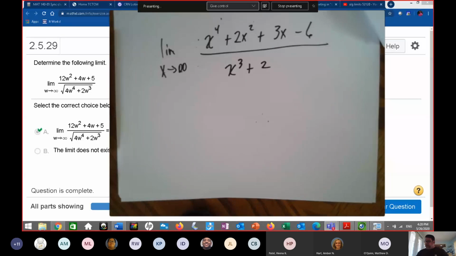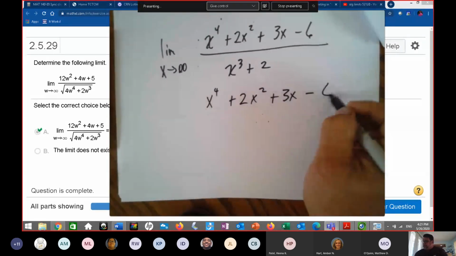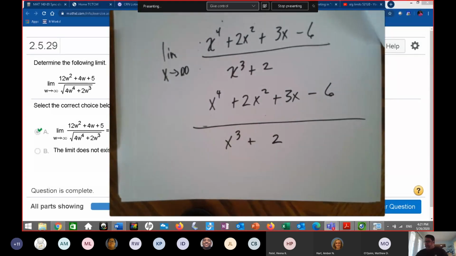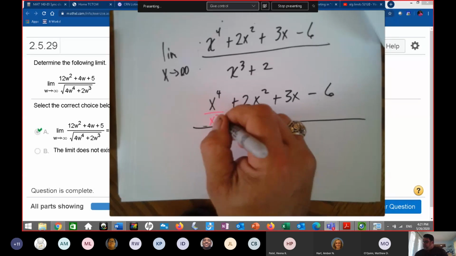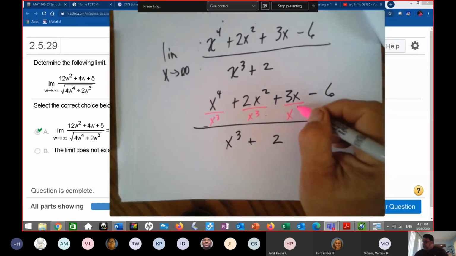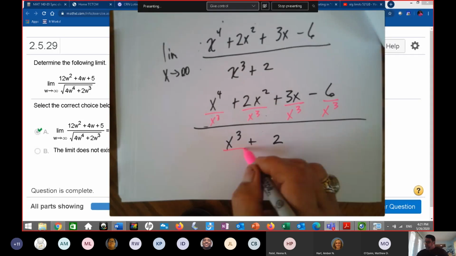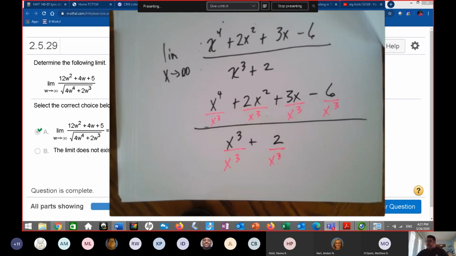So I'm going to take x to the fourth plus 2x squared plus 3x minus 6 over x to the third plus 2. And I'm going to divide everything by what? X to the third. All right, finish it. Every one of y'all finish it. Everybody finish that problem.